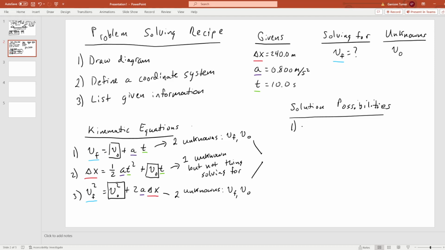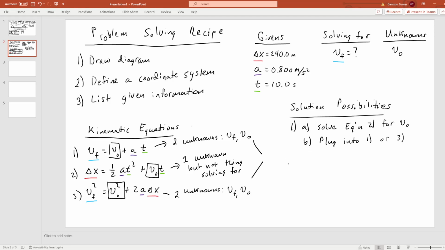One solution would be solve equation 2 for V naught, and then plug into equation 1 or 3.